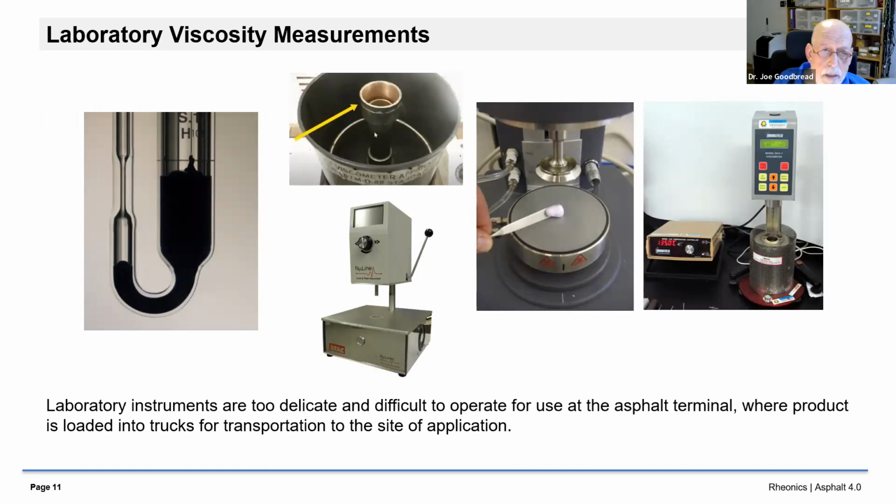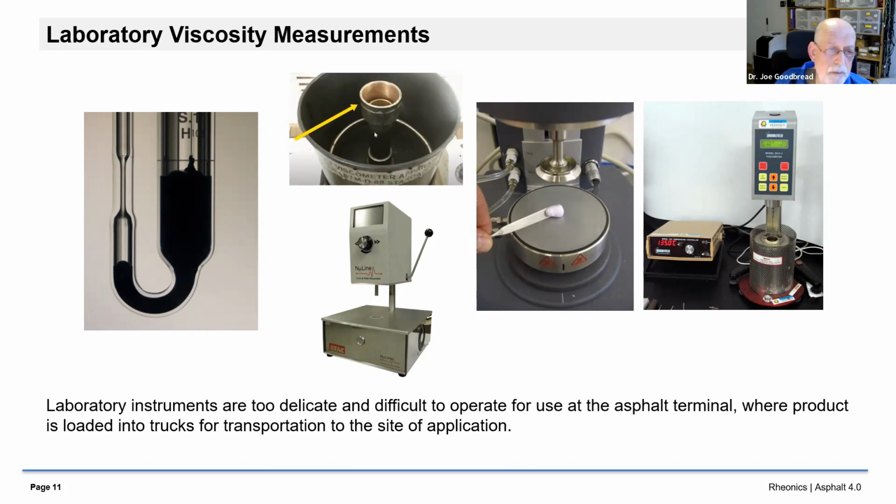And here you see pictures of some of those methods. On the left, you see a capillary viscometer, and I believe at the top of the page is an Asphalt viscometer, etc. And then there's two rotational instruments on the right, and it looks like a penetrometer on the bottom here.